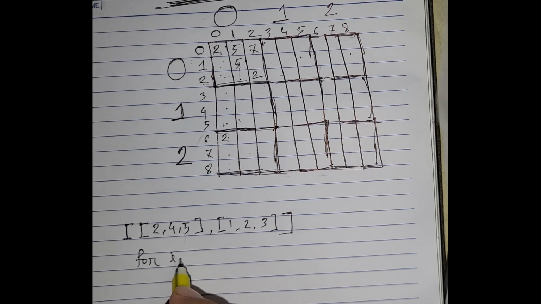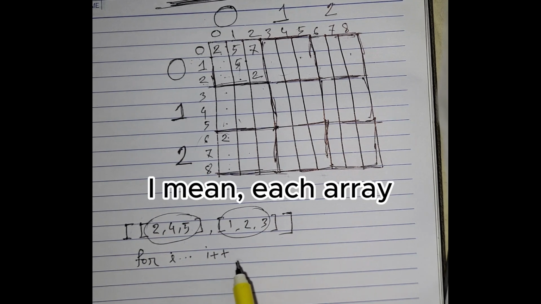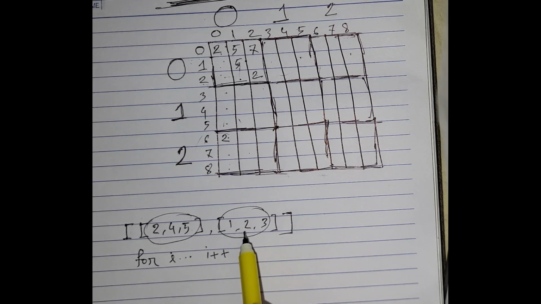For i equal to something, i less than something, i plus plus, you know this, right? So what will i do? i is for each value inside this array. So how do I get into each value, or in other words, each array? I have to take another loop.